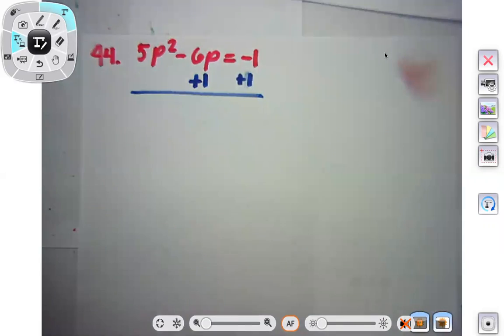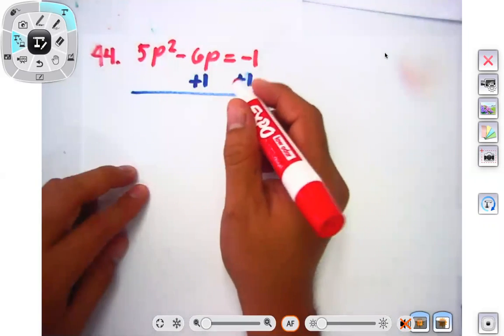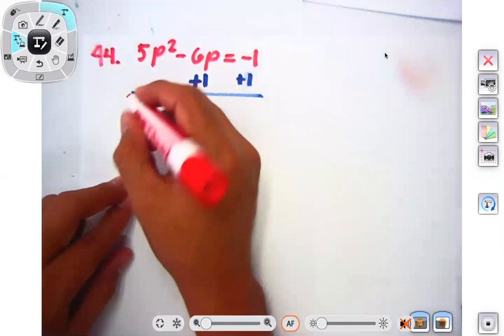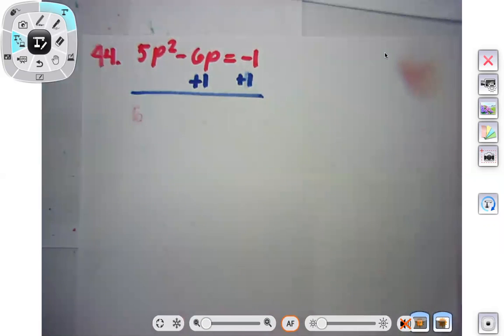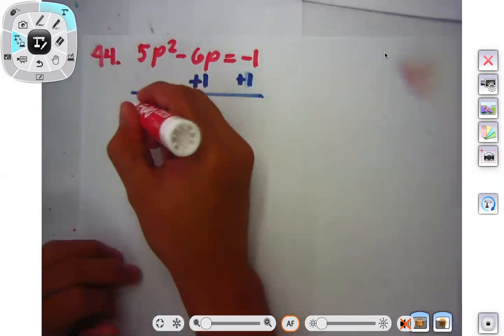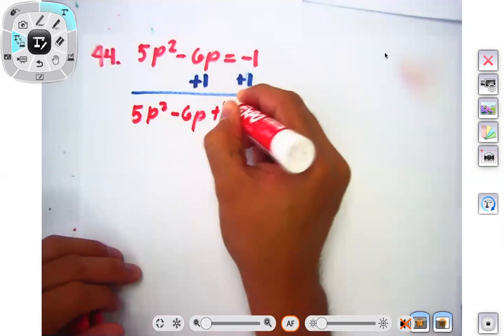And your result, none of them are like terms on the left side, so it will be as is. You have 5p squared minus 6p plus 1 equals 0.